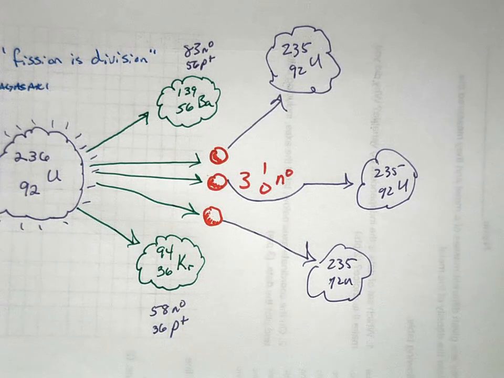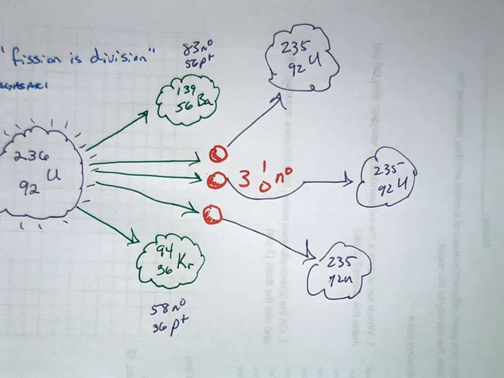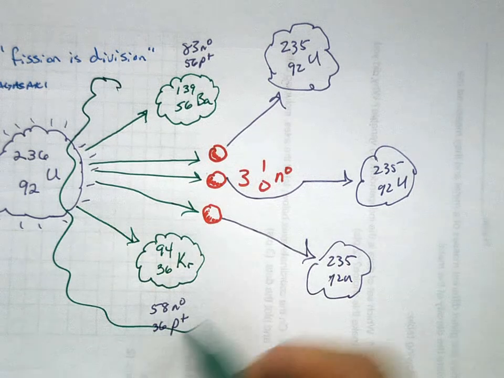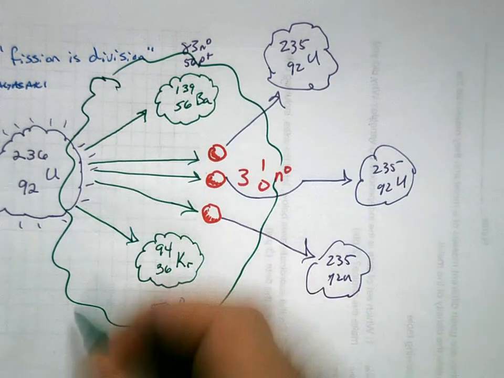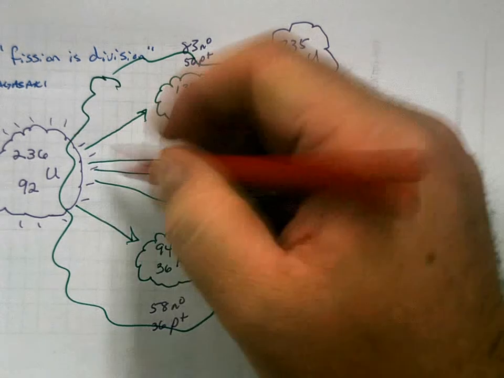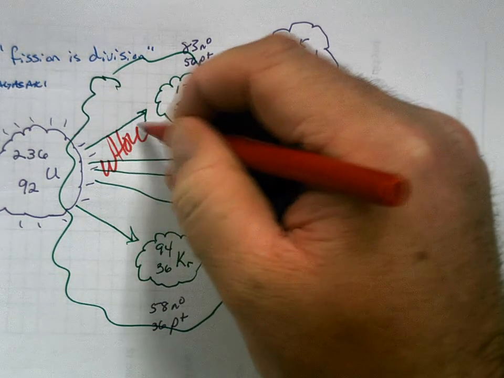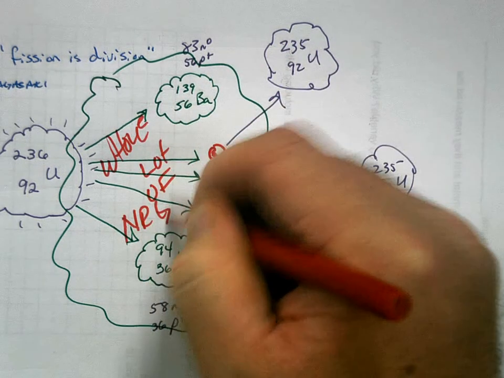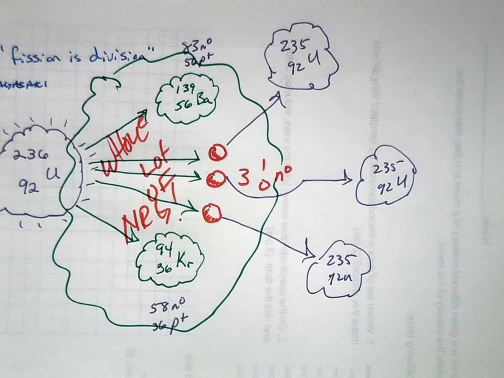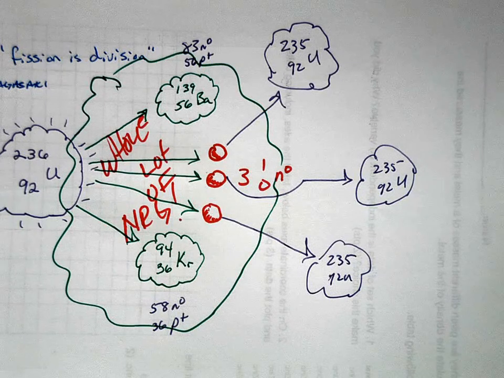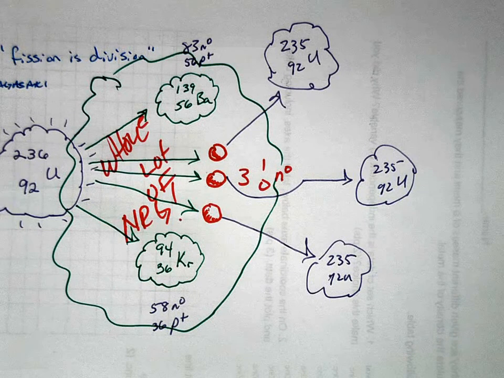But the important thing here is in this process right here, we also release a whole lot of energy. There's a whole lot of energy that gets released here because some of the mass becomes energy.